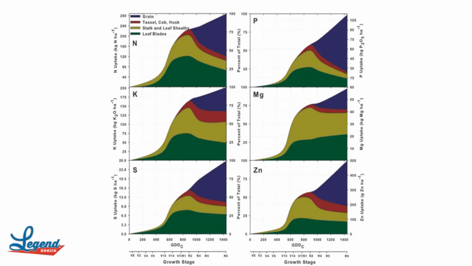When you get out to that middle time frame on the phosphorus, you can see how much of it gets translocated in the plant, or taken up, for grain fill, which would be that blue color. The next one down would be the tassel, cob, and husks, obviously not a lot. Then the stalk and leaf, and then the leaf blades.